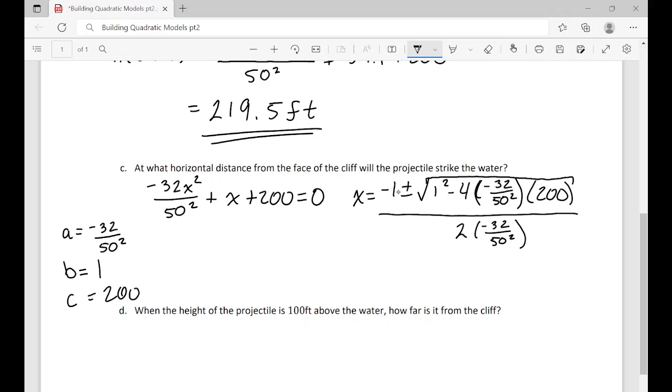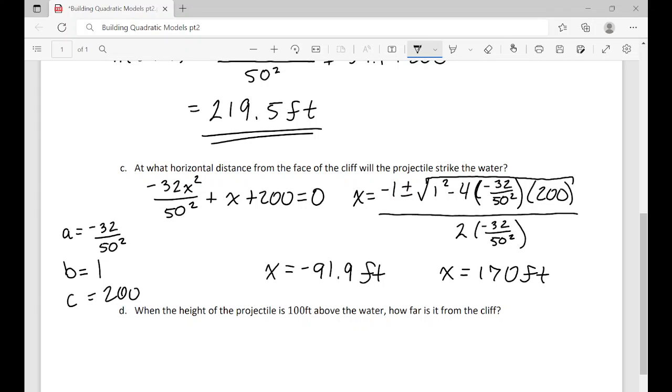And again, just do all the math here, but when you do this, you're going to end up getting 2 answers. You're going to get x equals a negative 91.9 feet and x equaling a 170 feet.